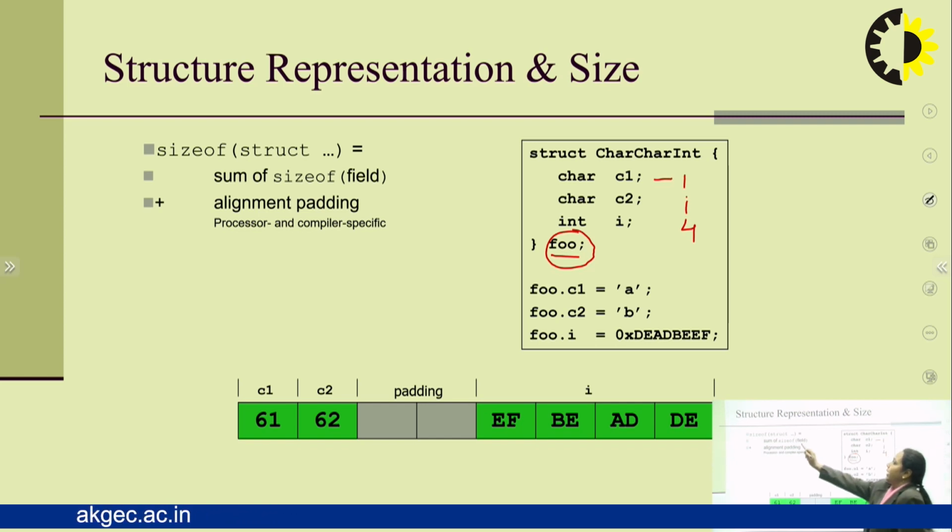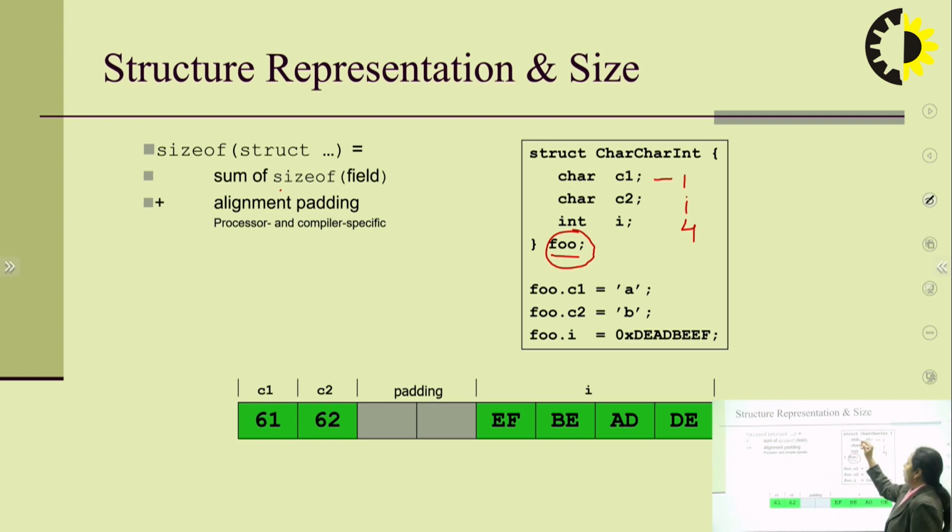Now, here it is written that the size of a structure can be calculated as the sum of the sizes of all the fields, meaning all these three variables declared within the structure definition, plus alignment padding. This alignment padding is dependent on the processor and compiler. It means this value is 2 bytes or 1 byte, decided by the compiler.